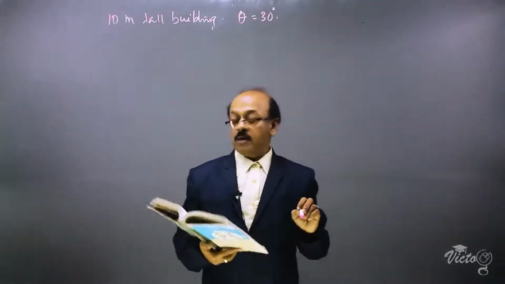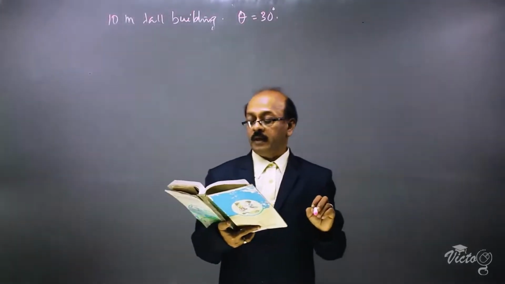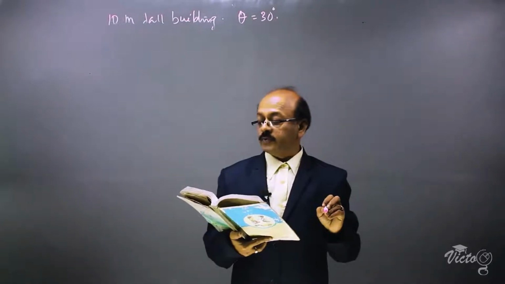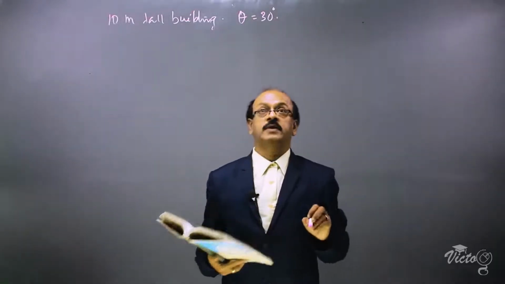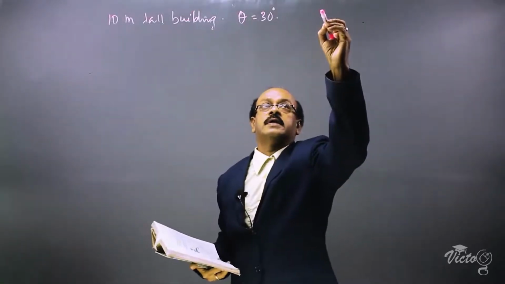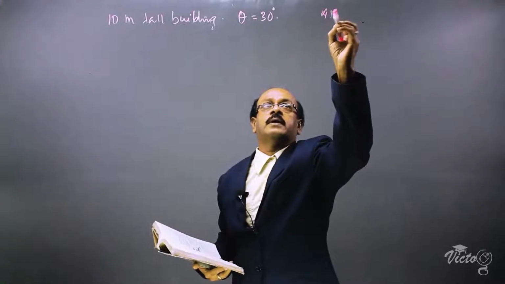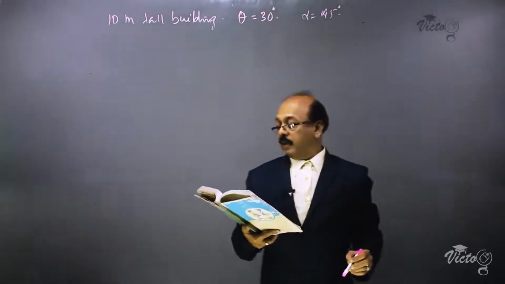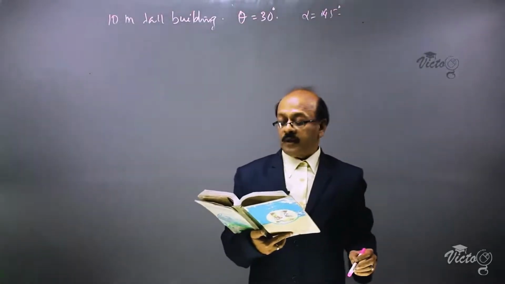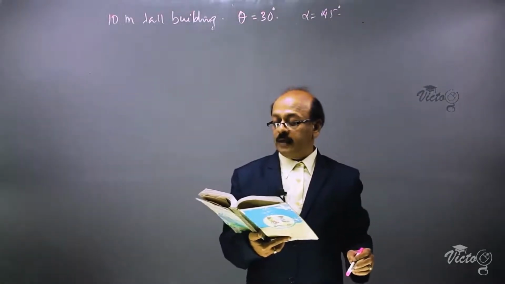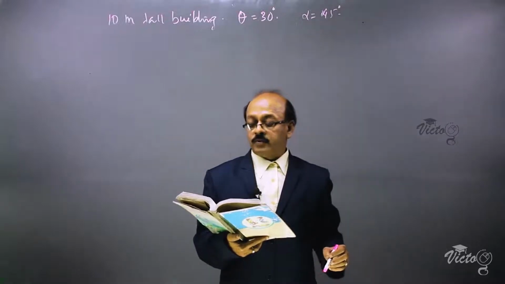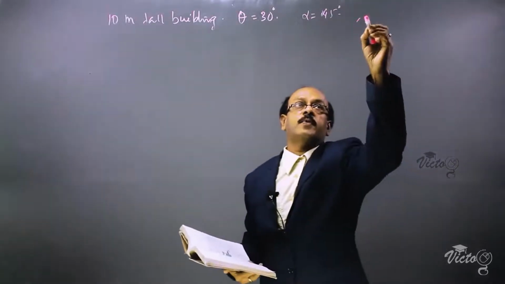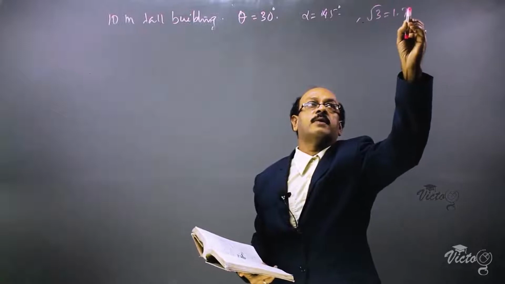A flag is hoisted at the top of the building and the angle of elevation of the top of the flag staff from P is 45 degree. We can take it as alpha is equal to 45 degree. Find the length of the flagstaff and the distance of the building from the point P. We have to take root 3 as 1.732.